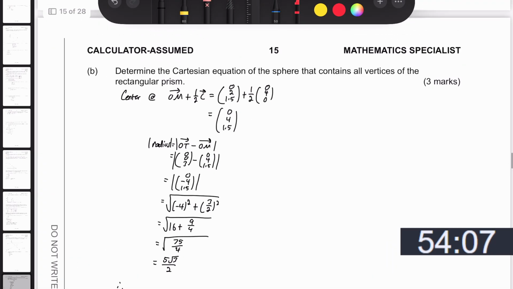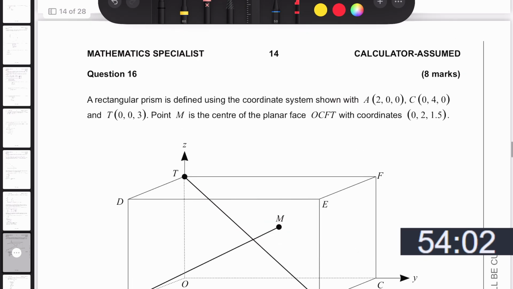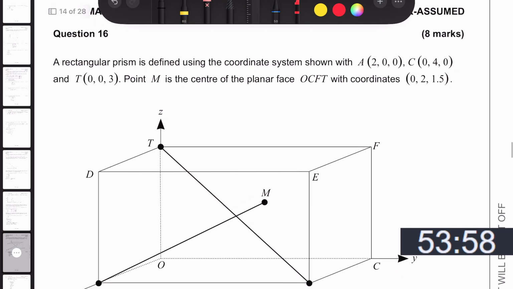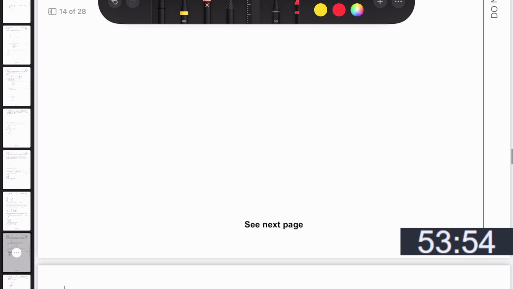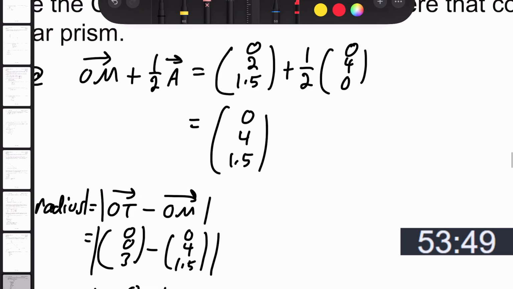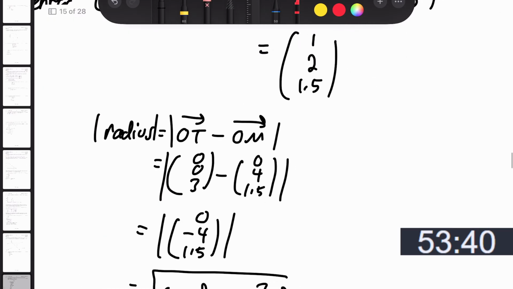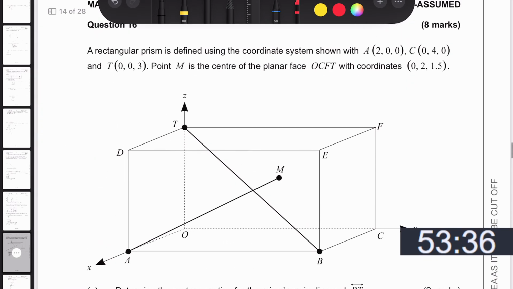Therefore, I believe I'm going correct. The center of the planar surface. And then we go, oh no, I don't want OC. Damn it, I want OA. Plus half of A, so 2, 0, 0. So this is 1, 2. And then I want OT.